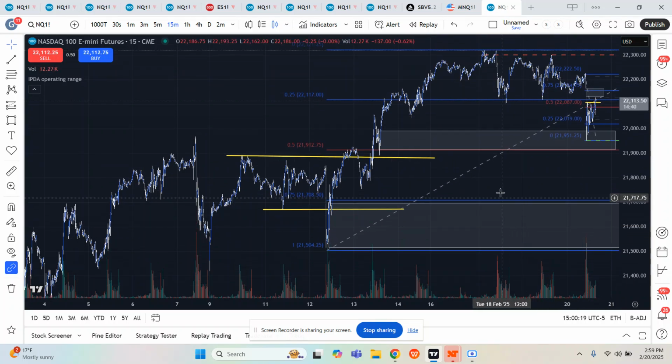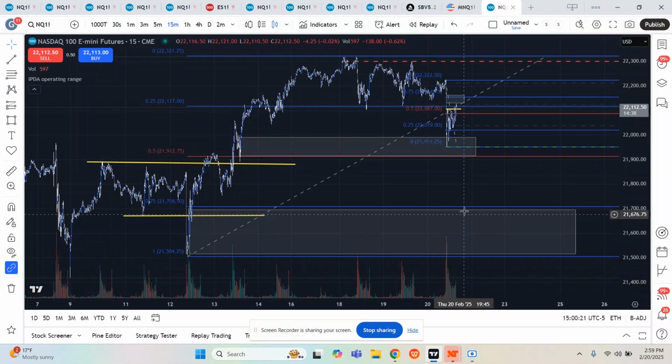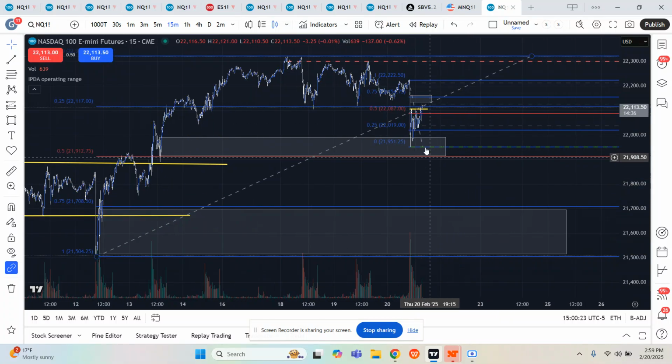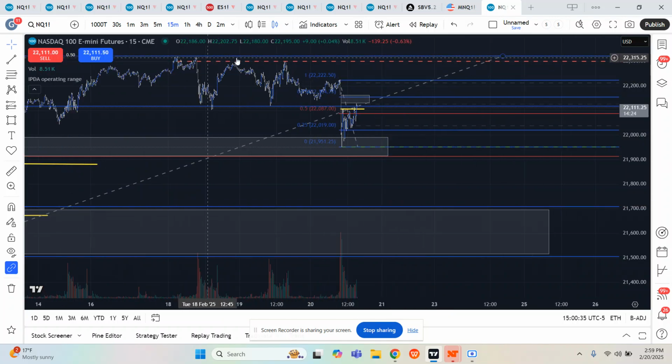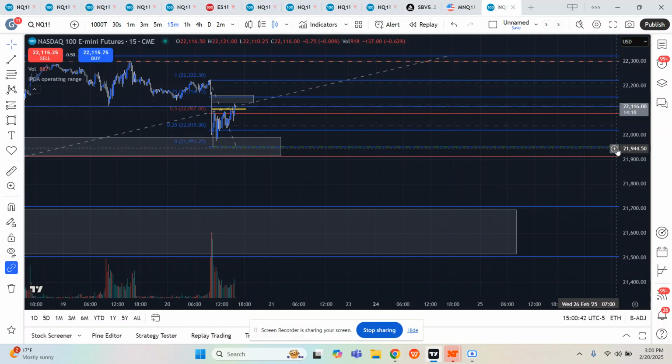There is an indicator that automatically sets these levels up for you. And that indicator is this IPD8 operating range. You can look up that indicator. It's completely free, and that'll automatically set your upper and lower dealing ranges and then put these gray lines, your quadrant levels, so that might help you identify it.